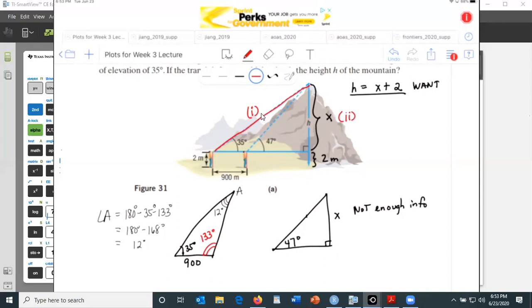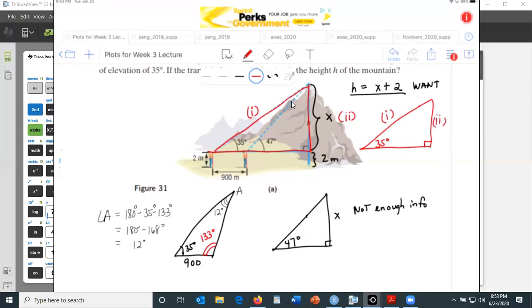Now, why does finding this side work? For step 2, we're going to be using this whole right triangle. If I bring it over here, we'll have an angle of 35 degrees, we'll have part 1 solved, and then we'll have to find part 2.